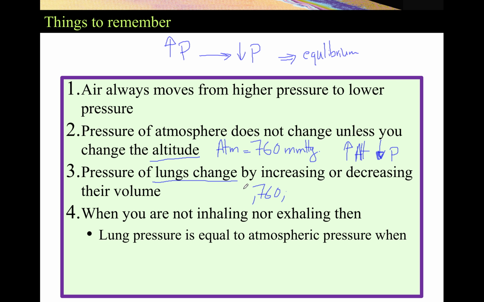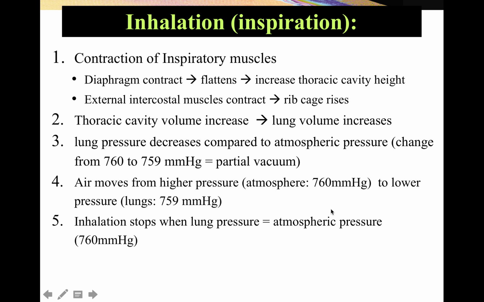So it's going to be less than 760, say 759. When we're discussing exhalation, the lung volume is decreasing, which means pressure is increasing, and therefore the pressure would be one number above 760, which is 761 millimeters of mercury. Now, keeping that in mind, let's talk about your inhalation and exhalation process.